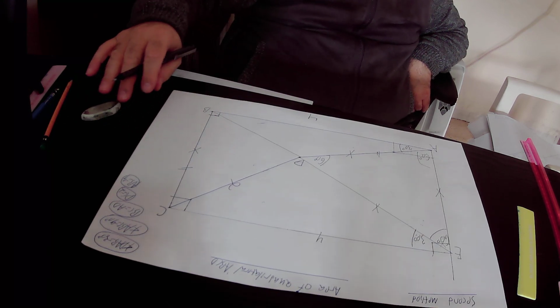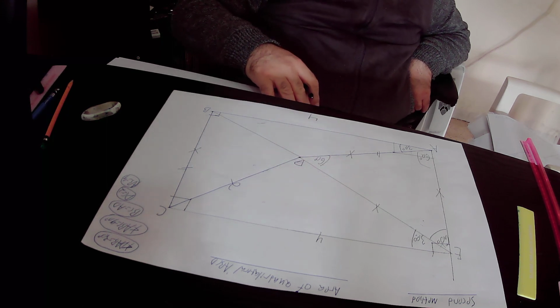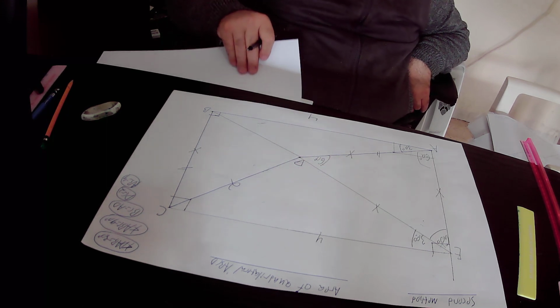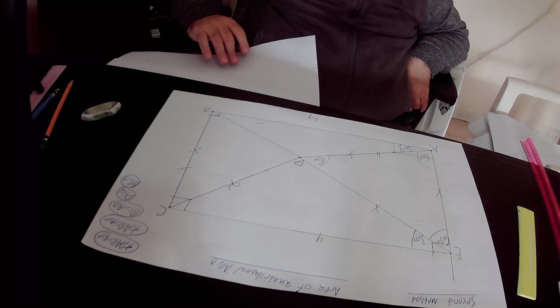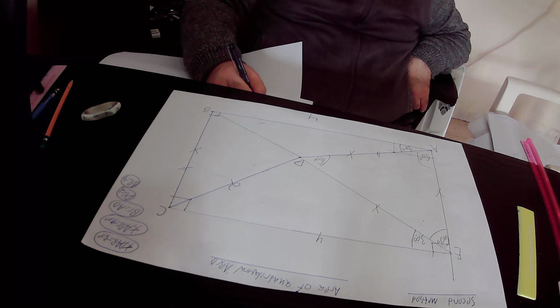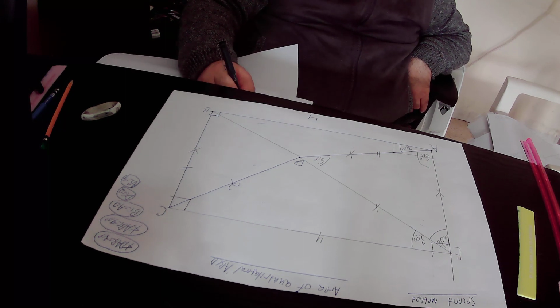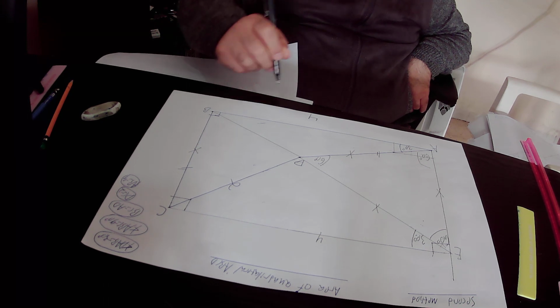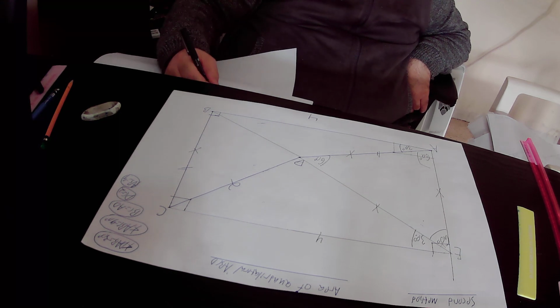In the next step, we'll prove that those two triangles are congruent. So I write it down. We'll prove that triangle ADB is congruent to triangle DEC.